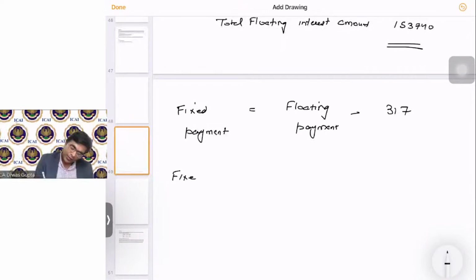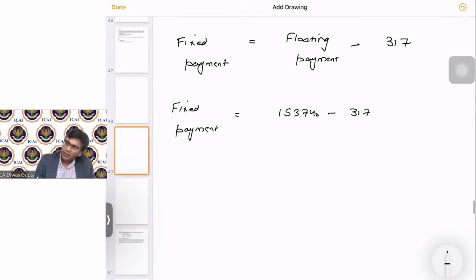So the fixed payment turns out to be 153,740 minus 317, which is actually equal to the fixed payment of 153,423.